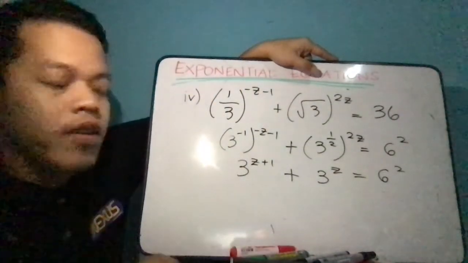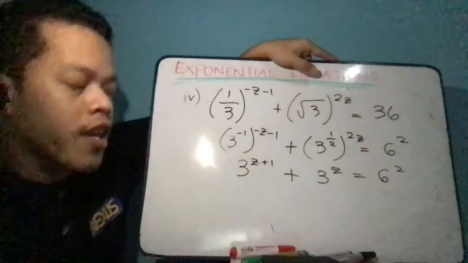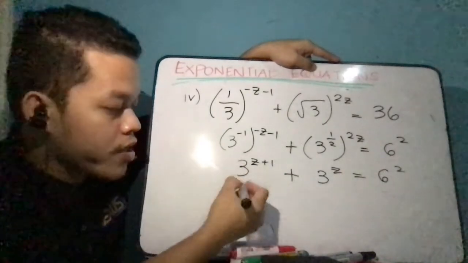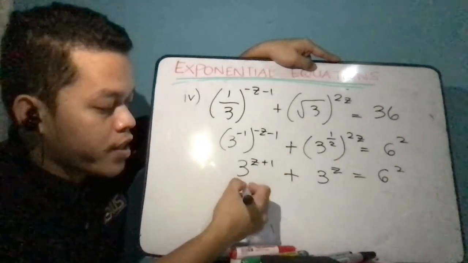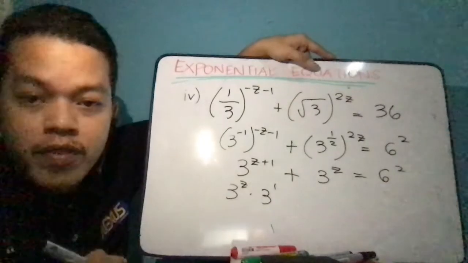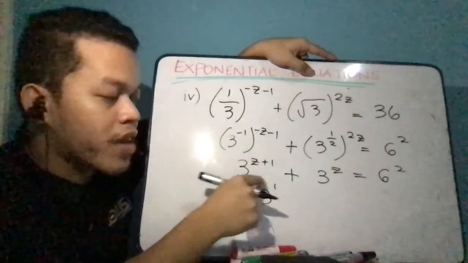Okay, now since all of these numbers cannot be expressed in same basis, but we can actually use product law of exponents to separate 3 to the z and 3 to the first power. Just remember, in product law, if you have the same basis, you're adding the exponent.